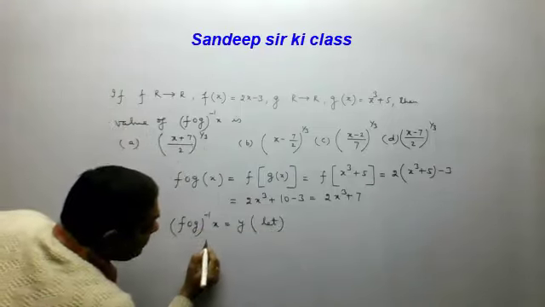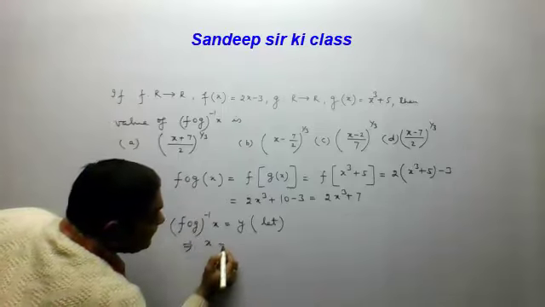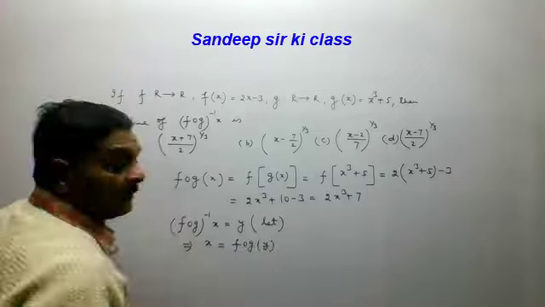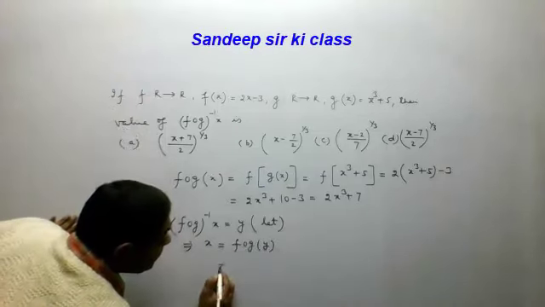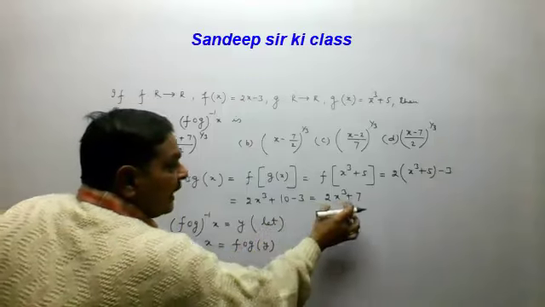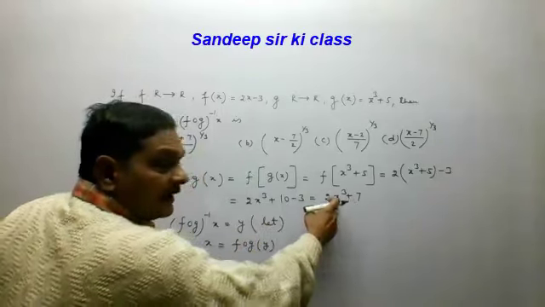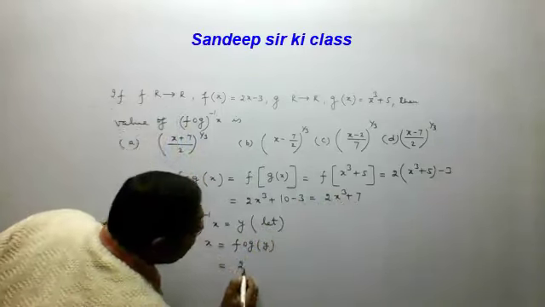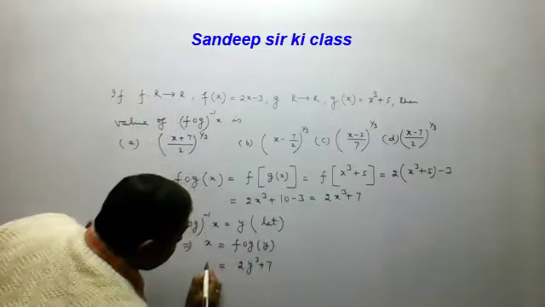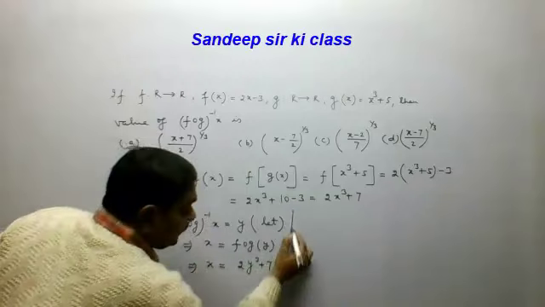So we can write that this implies x is equal to fog of y, which gives us that x is equal to fog of y. Means I am to write in place of x as y. So it is 2y cube plus 7. This is the value of x.